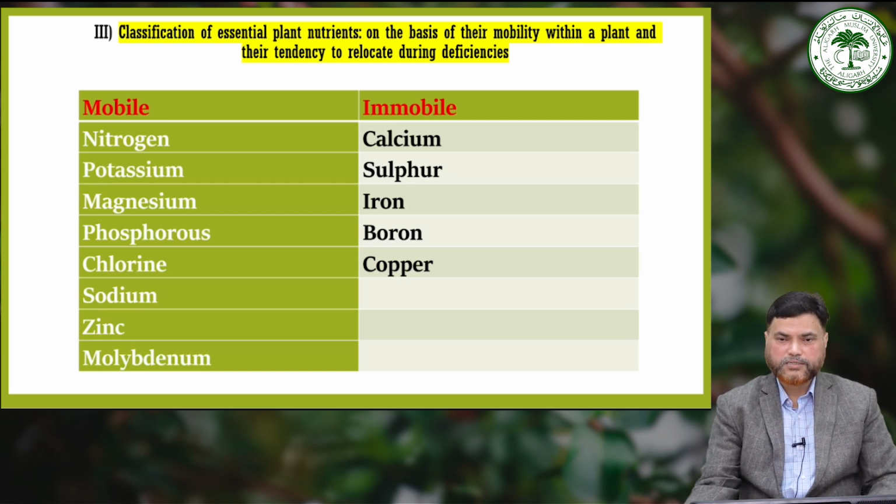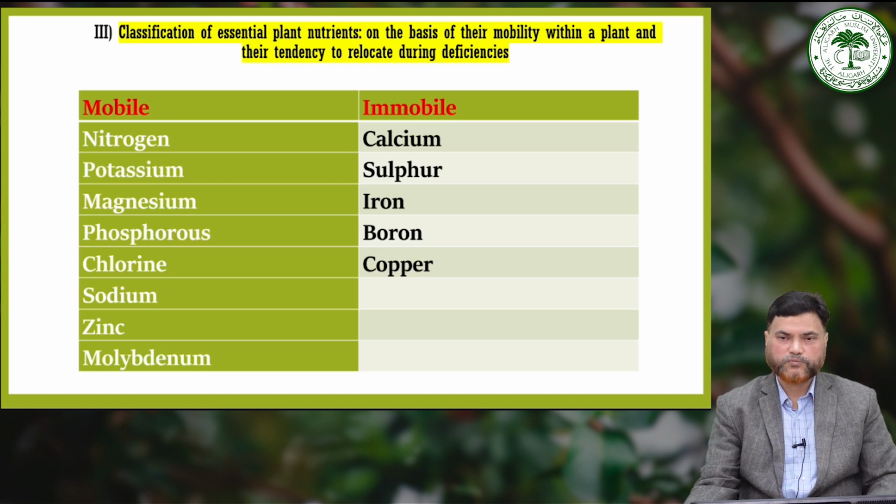Now, in contrast to mobile elements, certain elements exhibit limited mobility within plants. As you see in the slide, this list includes boron, iron, calcium, and copper. Once they are absorbed by the roots, these immobile elements tend to remain localized within the tissue where they are initially taken up.